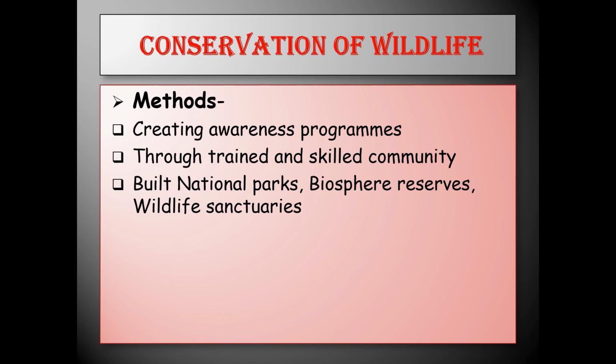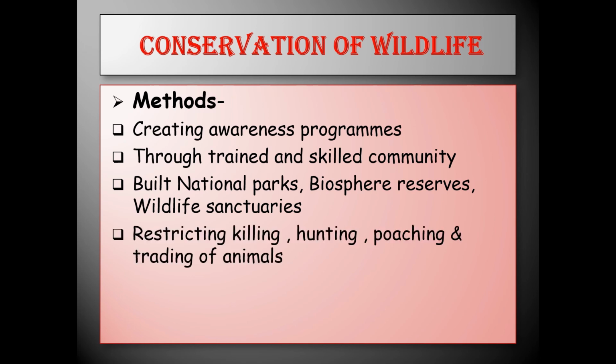They are made to protect the ecological integrity of the ecosystem, as well as to preserve and develop, especially the endangered species. By restricting killing, hunting, poaching, and breeding of animals, yes, these are the threats to the wildlife, because people are involved in the exploitation of wildlife resources.